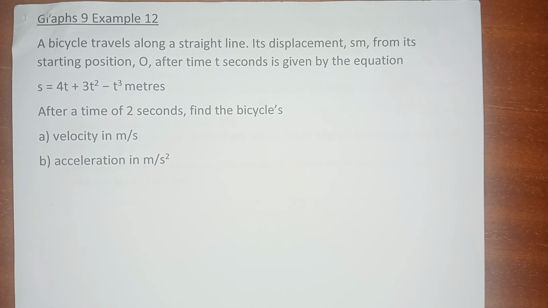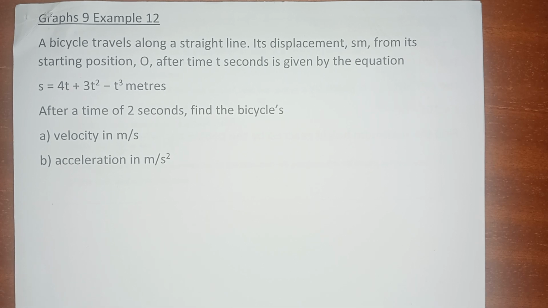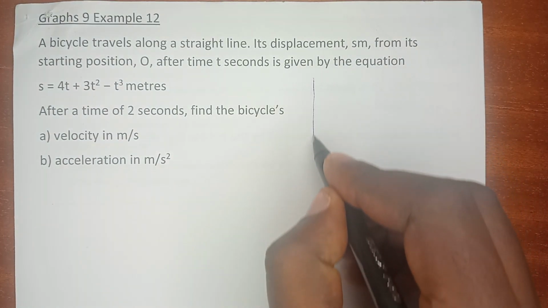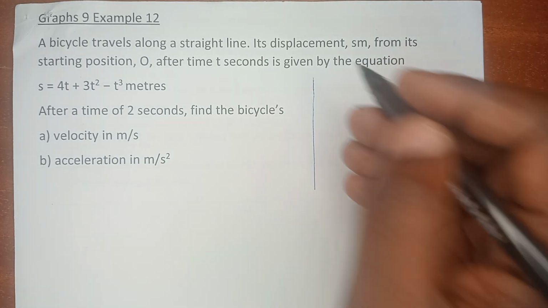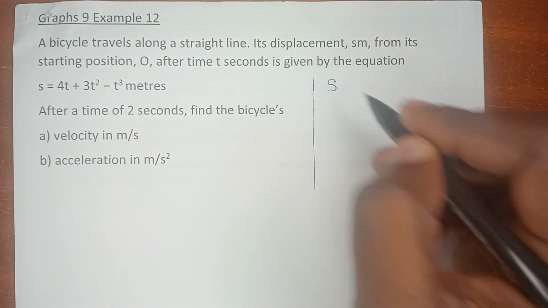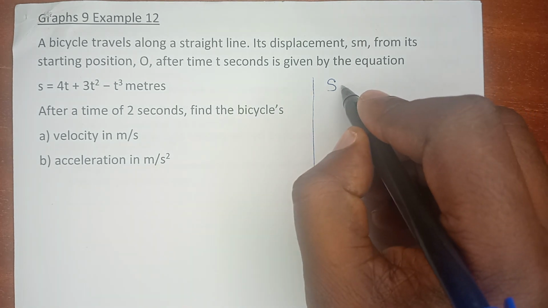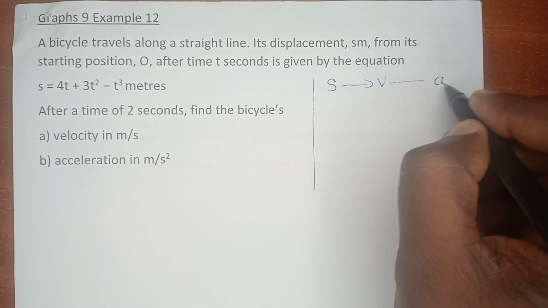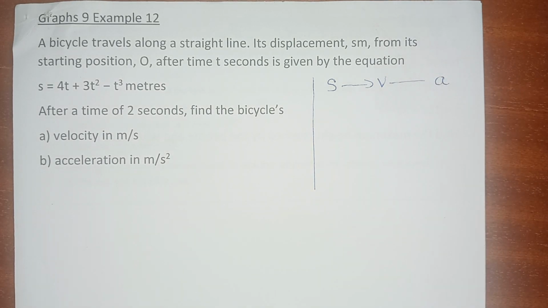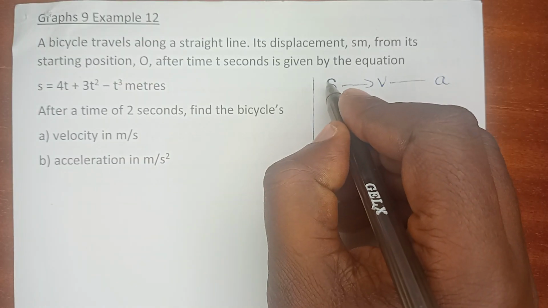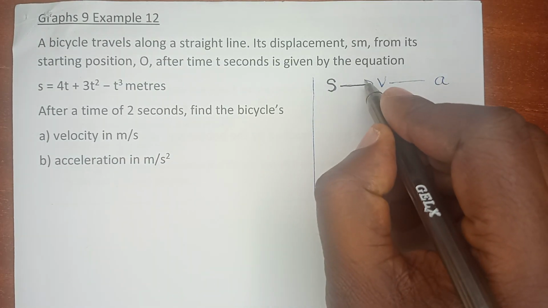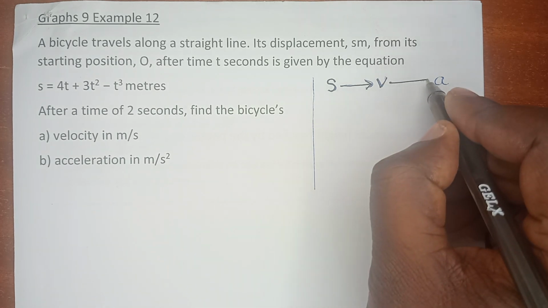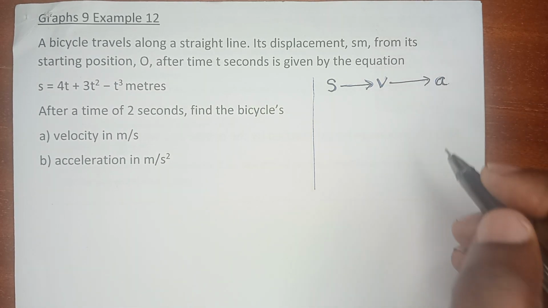And this is just what we are going to do, because we have been identifying some of these relationships, and keenly we have seen that if we are talking about distance s, velocity v, and finally acceleration a, this is distance s moving to velocity v, and finally to acceleration a.